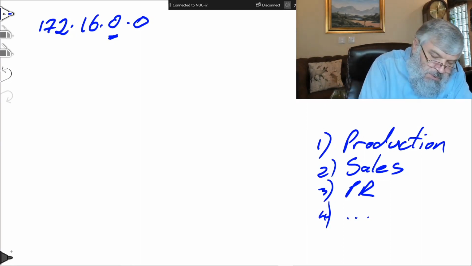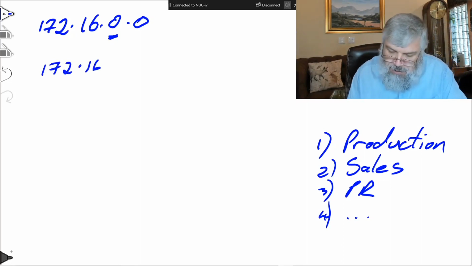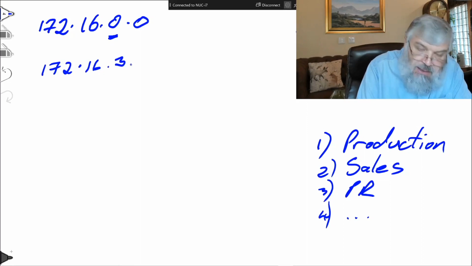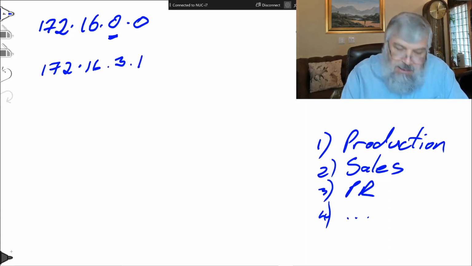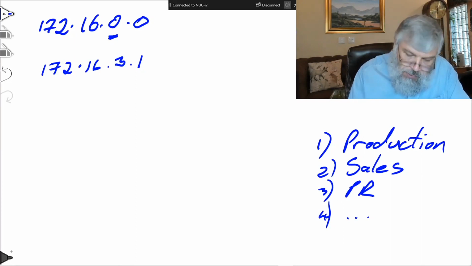I may, for example, decide that when I buy that first computer that I'm going to put in PR, well, that's in subnet 3, and I can't call it number 0 because 0 now in this bigger address would be the subnet address, so I have to call it 1. And then the second computer that I could buy for my PR department is 2, and so on.